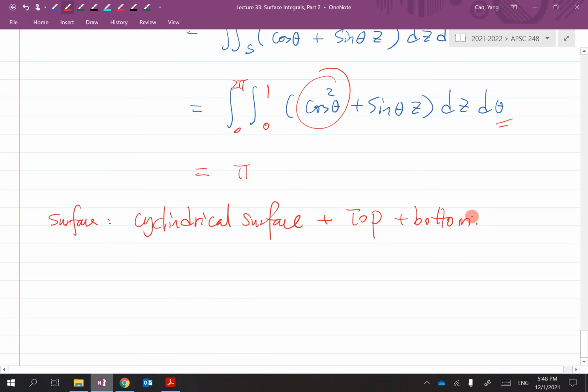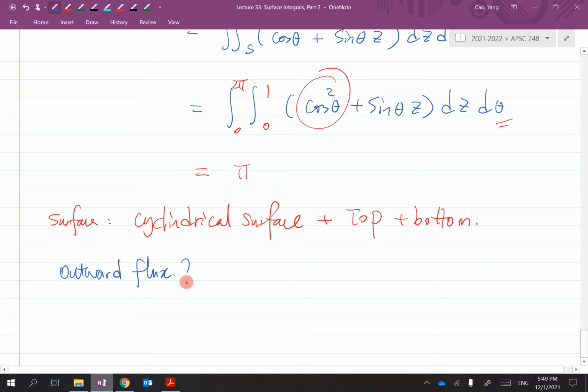So basically, we're making it a closed surface. The previous one is just a cylindrical surface; it's not closed. Now we're closing it with the top and bottom surface. And the question would ask, so then what will be the outward flux?